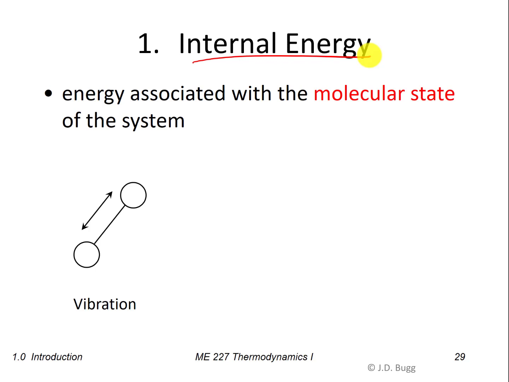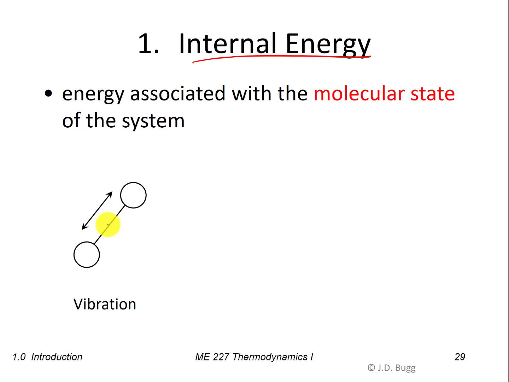So if we're talking about air as our working substance, air is made up of nitrogen and oxygen. Both nitrogen and oxygen are diatomic molecules. So N2 and O2. So it means that there are 2 atoms, nitrogen or oxygen, joined together by a bond. So this is just a little simple illustration of what a diatomic molecule might be modeled as. So an atom here and an atom here joined together by a bond.